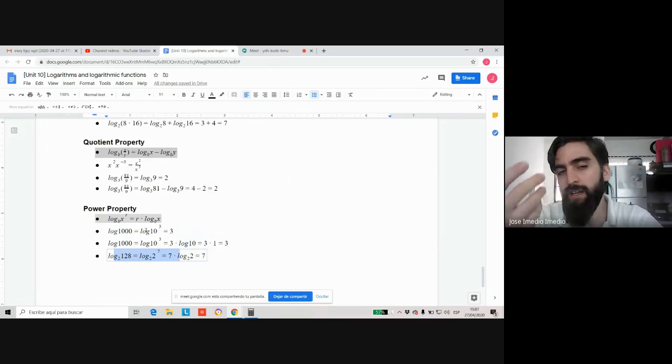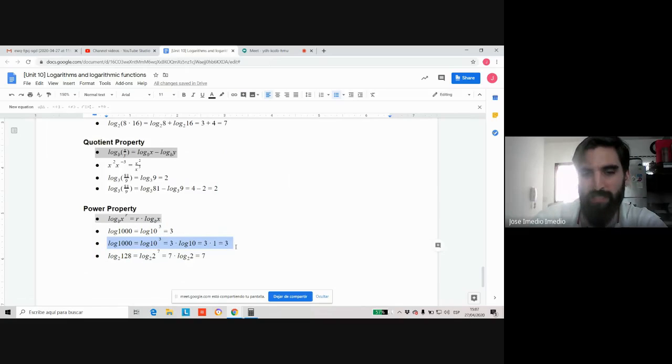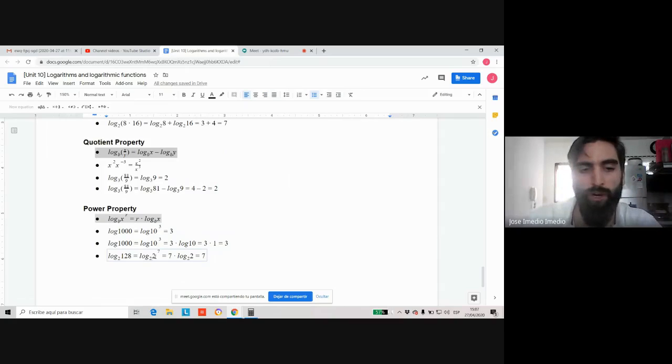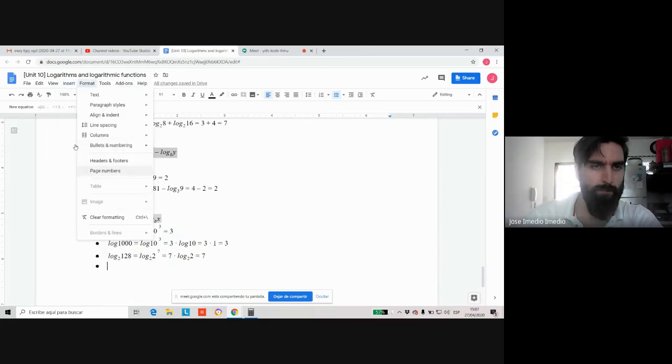Okay, with the examples I just used, it can make you wonder, so why do we need this? It's pretty obvious. Actually it's shorter to do it like this than doing it like this. Okay, it gets helpful when I have variables. So instead of having logarithm base 2 of 2 raised to the 7th power, I have logarithm base 2 of 2 raised to the power of x, for example. Actually this is going to be the main use here.